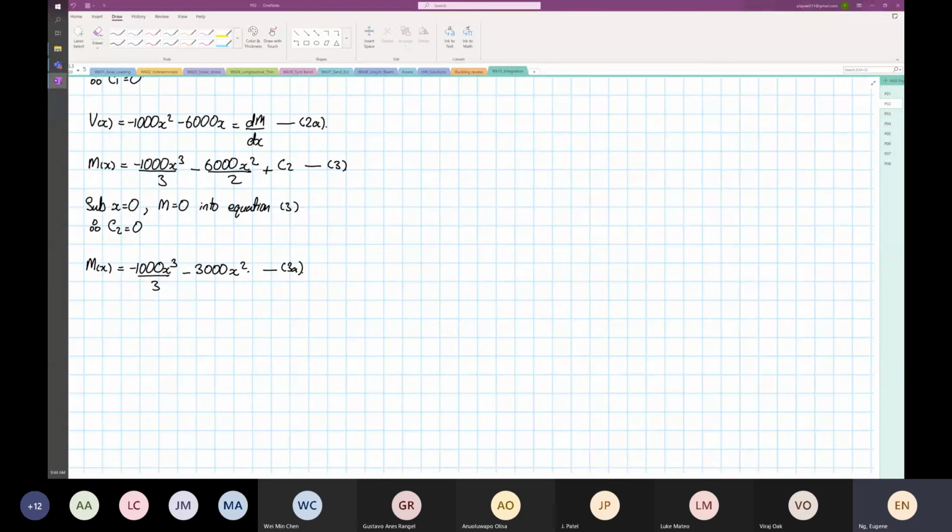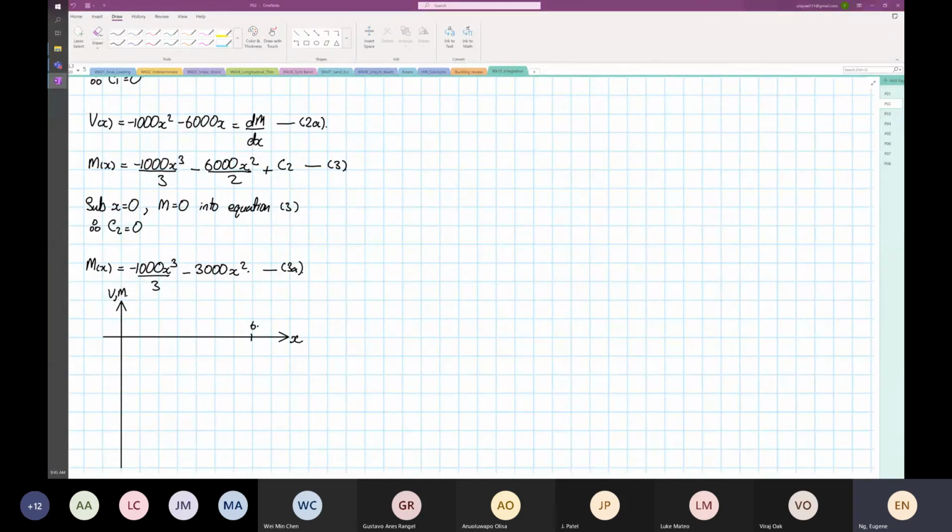So by looking at our equation, everything will be negative. Okay, so this is our x, and our y-axis I'm going to represent two axes. It can be v or it can be m. This is just a sketch. So let's say this is our 6 meter.